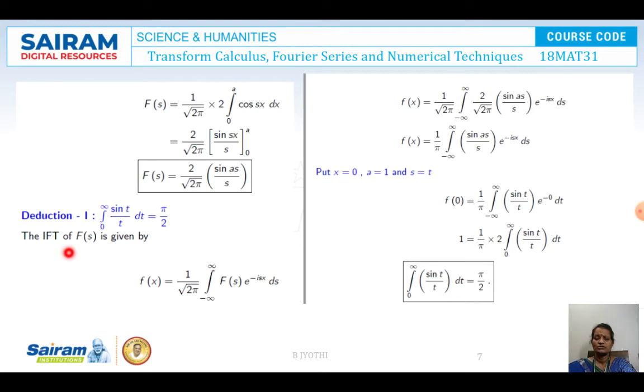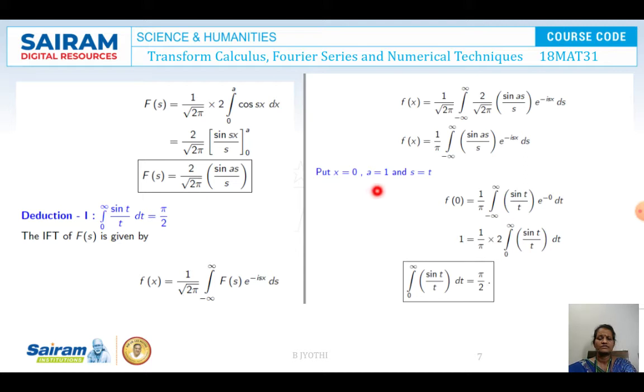So the inverse transform of F(s) is given by f(x), which is the inverse transform definition. Therefore f(x) is given by 1 upon root 2 pi times 2 by root 2 pi times sin as divided by s into e^(-isx), replaced with F(s). Taking the constant part outside, we get the integral from minus infinity to plus infinity of sin as by s into e^(-isx) ds.